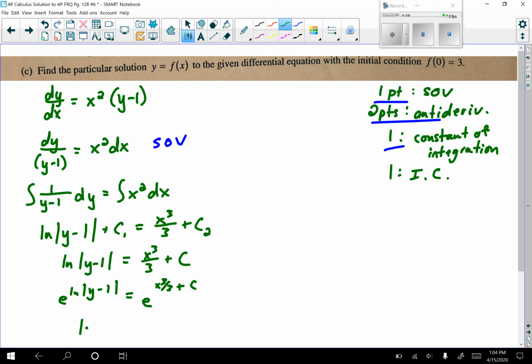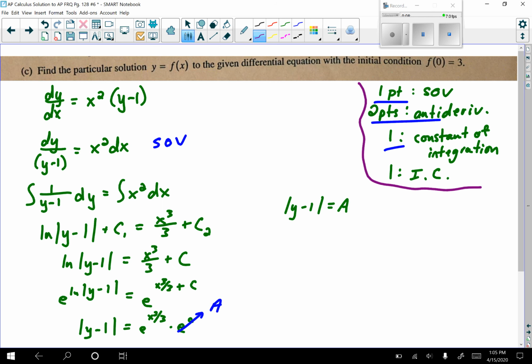So over here, now we have the absolute value of y minus 1. We're going to separate this using the laws of exponents. So we get e to the x cubed over 3 times e to the c. A lot of you are doing good with showing this, that becomes an a. So now we have a general equation still of the absolute value of y minus 1 is equal to a times e to the x cubed over 3.